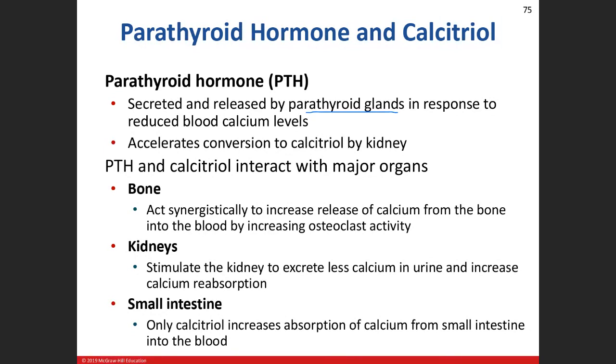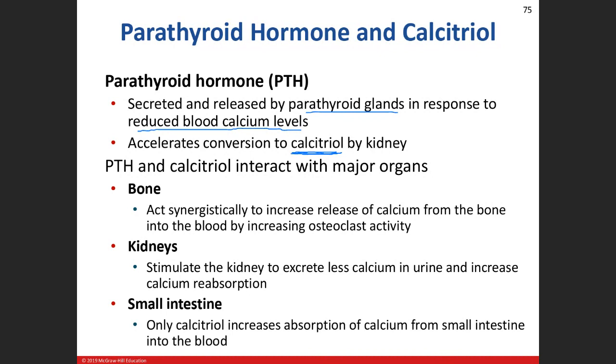So the stimulus of parathyroid hormone release is reduced blood calcium levels. I've seen that asked before many times. So that's the stimulus. Low blood calcium levels cause the parathyroid glands to release parathyroid hormone, and then parathyroid hormone is going to increase the formation of calcitriol by the kidney there. All right, so they're like Batman and Robin, the dynamic duo.